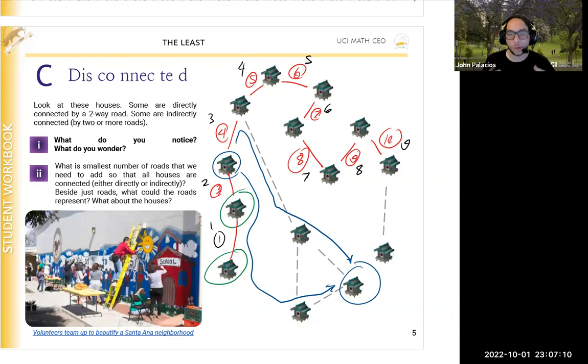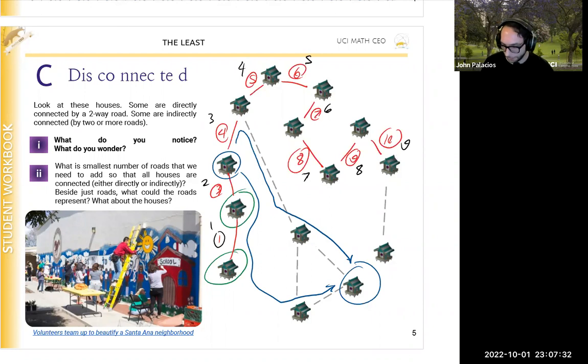Is there any road that we built that if we remove, the houses are no longer connected, that they're now disconnected in some sense? And you can invite your students to try disconnecting houses and stuff like that. Toying with this idea and thinking about it is probably really helpful to think about.